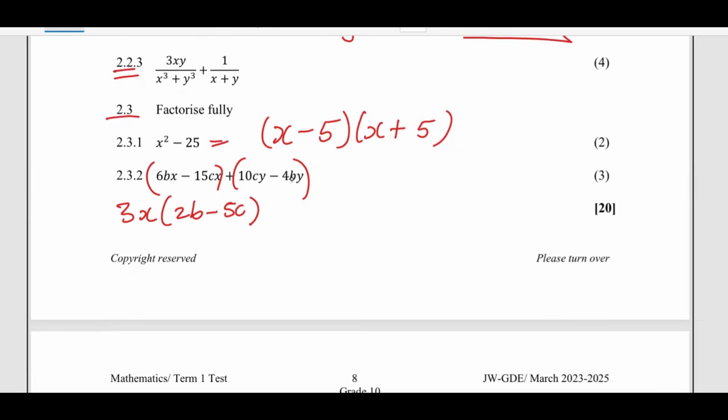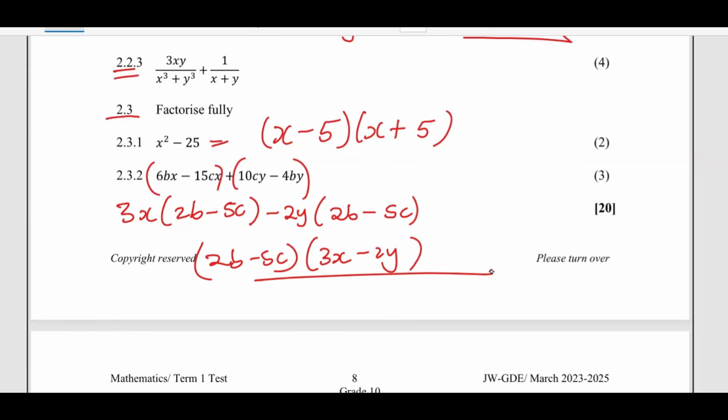Here, the b is this side, which means we're going to take out the negative 2y, into, if I take out the negative 2y, this must come first, which is going to be a 2b minus 5c. Take out the 2b minus 5c. I'll be left with 3x minus 2y as my result. Okay.